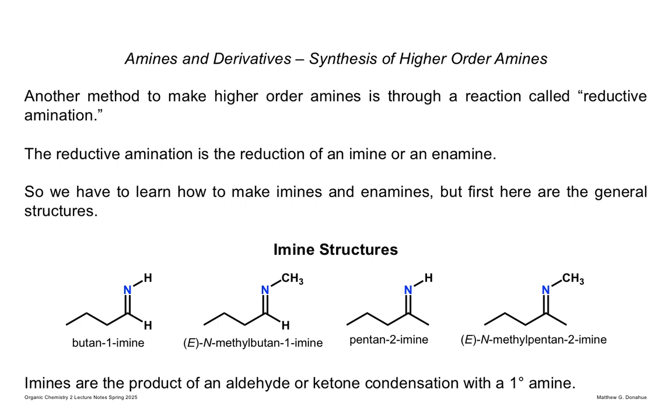So overall, the name of this is called reductive amination. We're going to take a carbonyl, condense it with some sort of amine, and then we're going to reduce that. So that'll get us into secondary and tertiary amines.